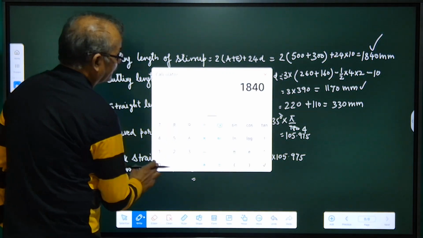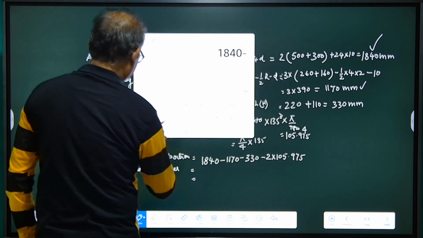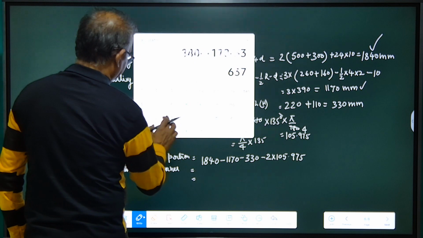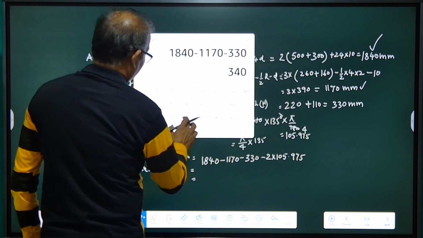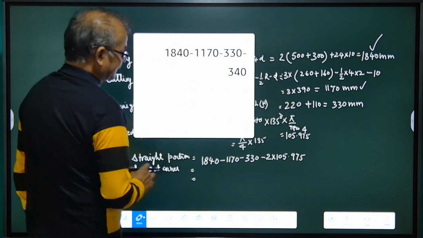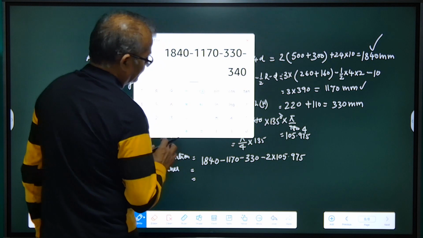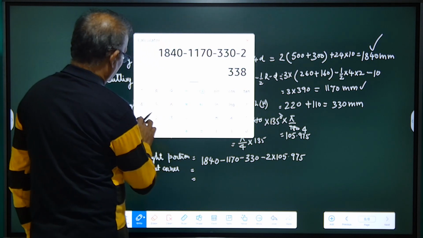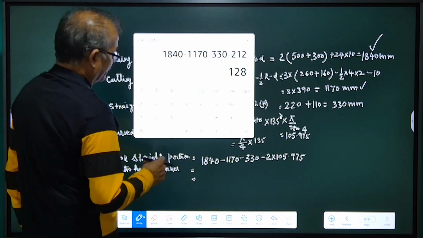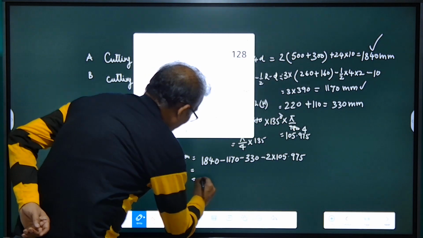1840 minus 1170 minus 330 minus 2 times 106, say 106, so it will be 212. The remaining length is 128 mm.